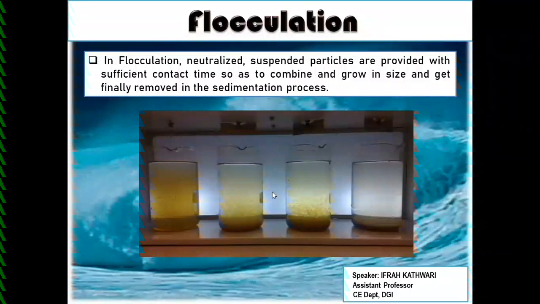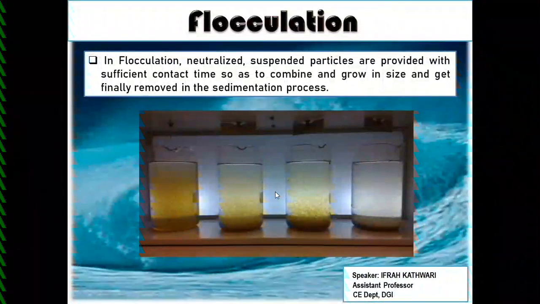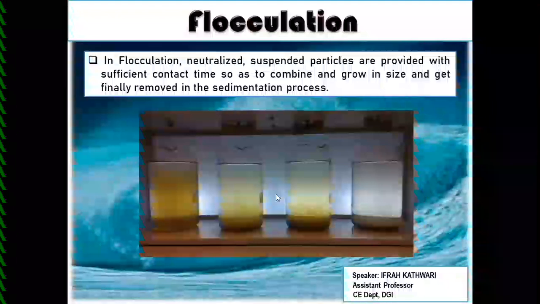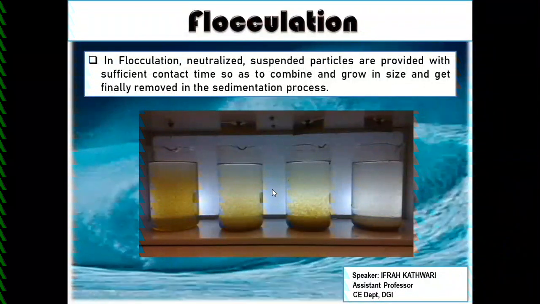These are finally removed in the sedimentation process. We go with coagulation, then flocculation, and then they are settled down in the sedimentation tank and then removed off. So in the sedimentation tank, you will get the clear water.